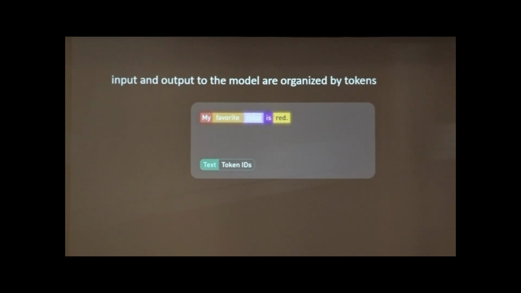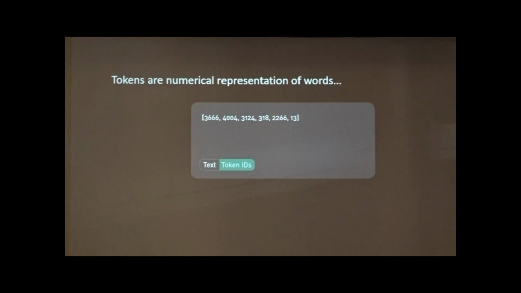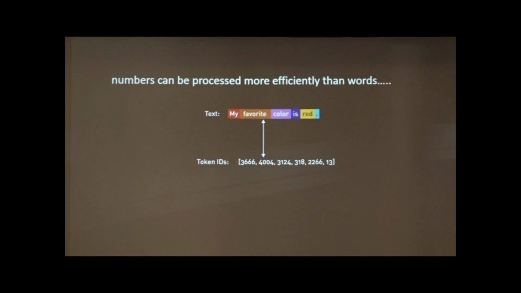The sequence of words will get converted into tokens. The text will be converted into corresponding token IDs from the vocabulary. Token IDs are nothing but a numerical representation of the input sequence.